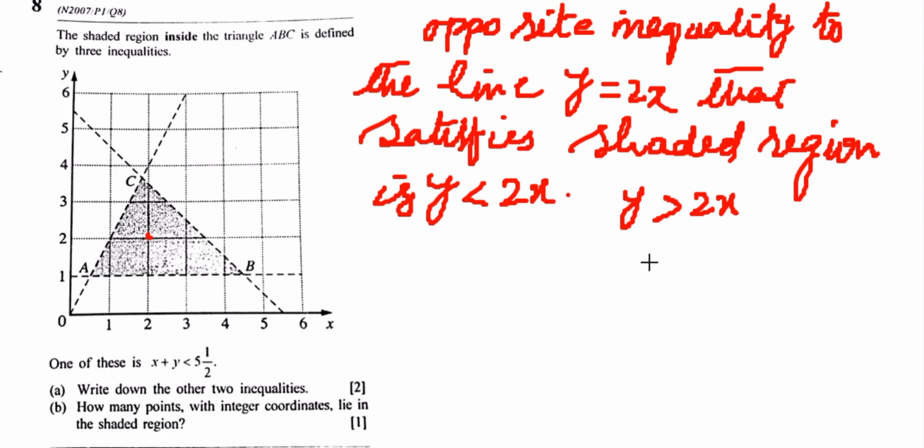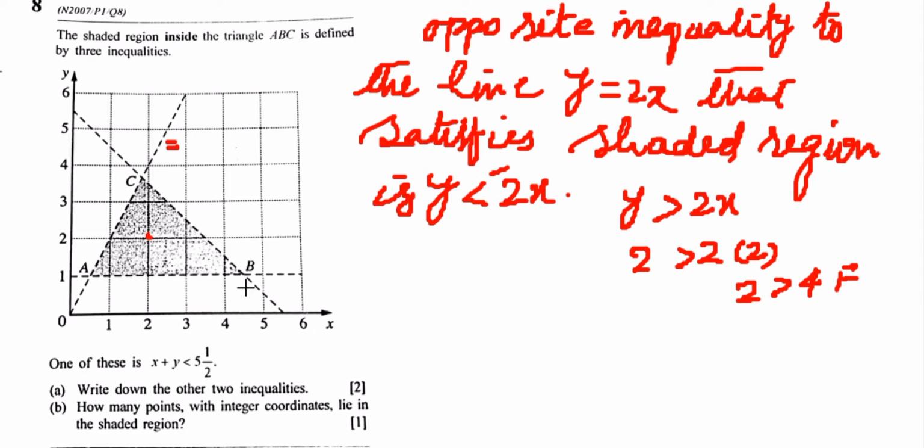If you put y is equal to 2 here and x is equal to 2 here, you get 2 greater than 4. That is false. It means the correct sign is the less than sign. Further, as line AC is a dotted line, the inequality just contains the less than sign rather than less than or equal.